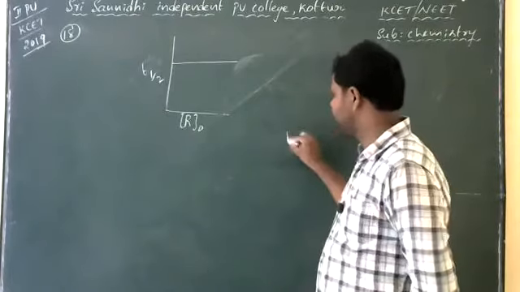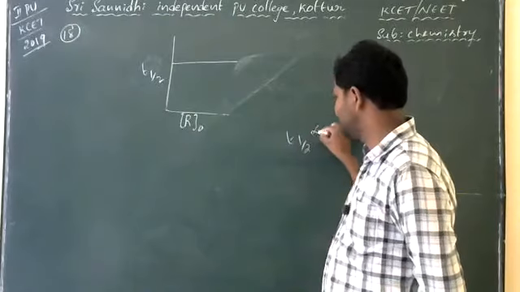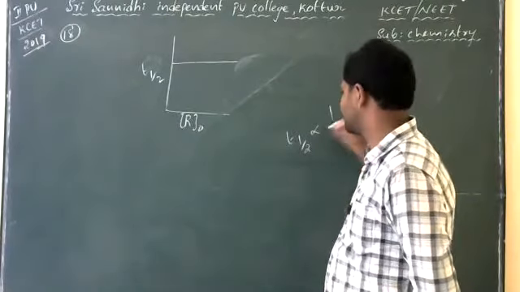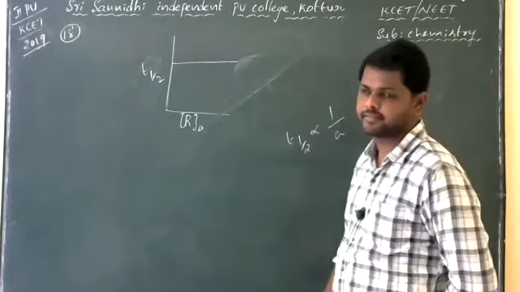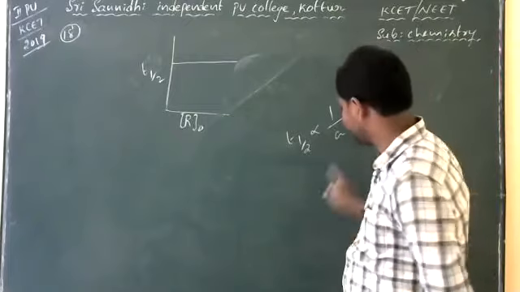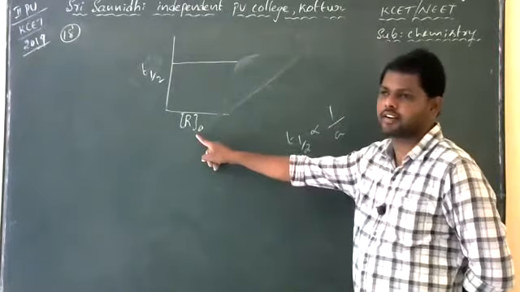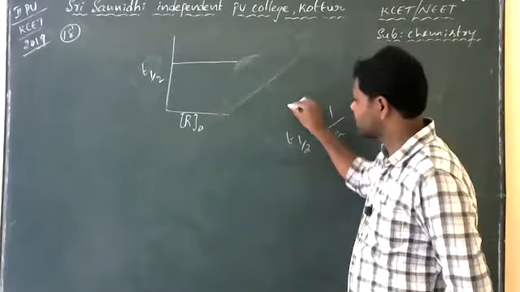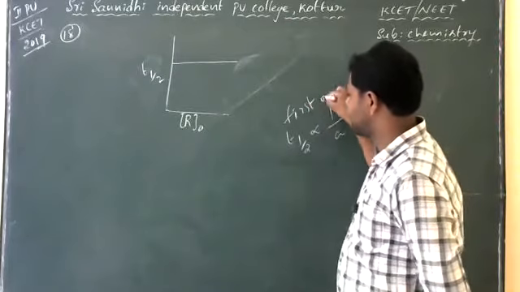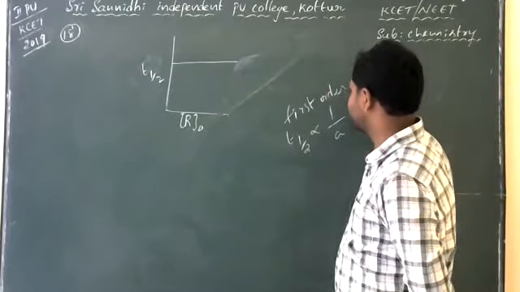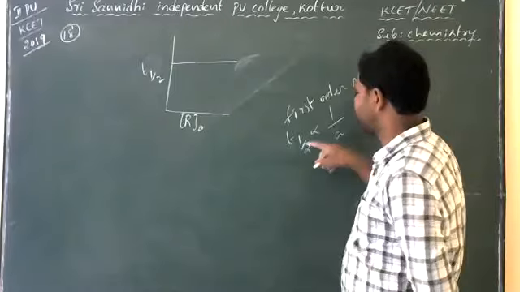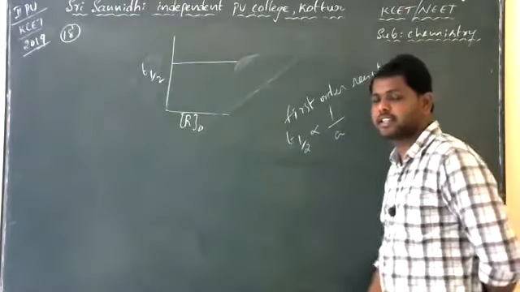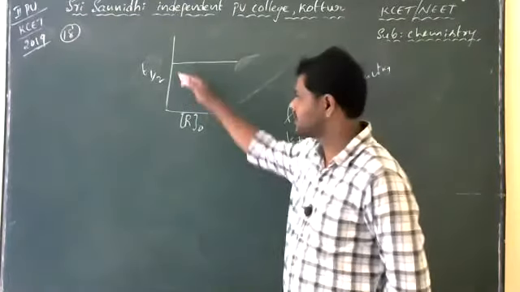The half-life of a first order reaction is always independent of the initial concentration of the reactant. R naught is nothing but the initial concentration. That's why it gives a straight line.